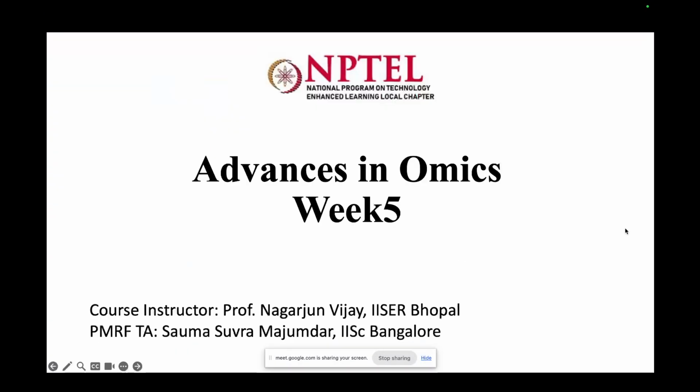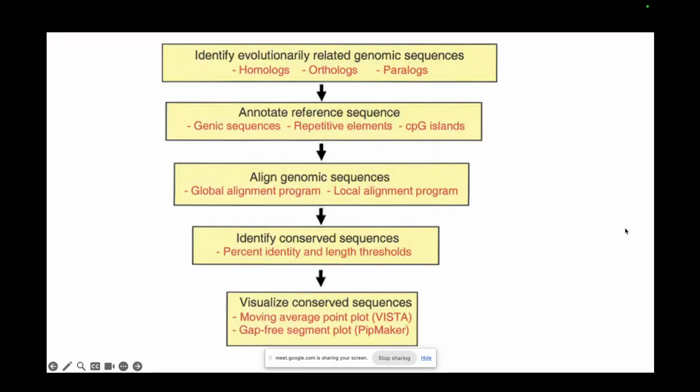We talked in earlier classes about how conservation of genomic sequences can actually tell you about several evolutionary caveats.